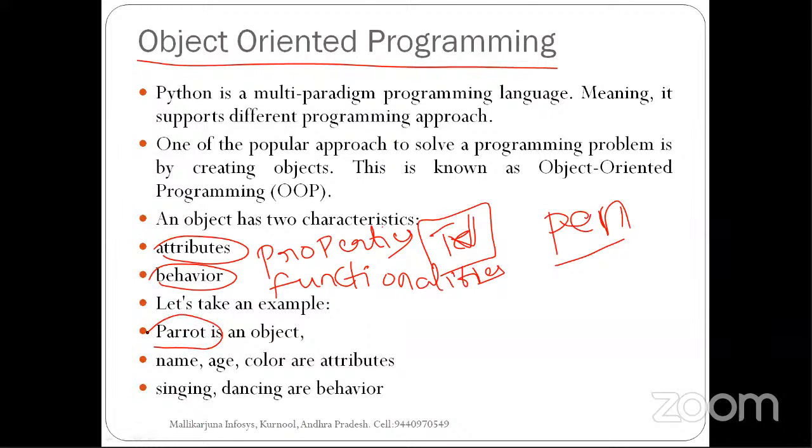Parrot is one animal. If we consider parrot as an object, its name, age, and color are the attributes. Singing and dancing are the behaviors. So every object has its own properties and functionalities. In some programming concepts we say properties and functionalities, or in some programming languages we say attributes and behavior.